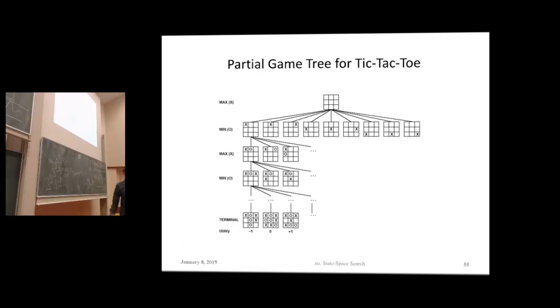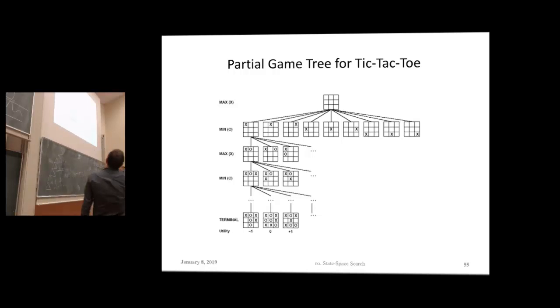So here's the example, a simple tic-tac-toe. You have an empty 3x3 array to start with, and Max starts and can put an X somewhere. You have these 9 legal moves, because Max can put the X wherever she wants in the 3x3 grid.